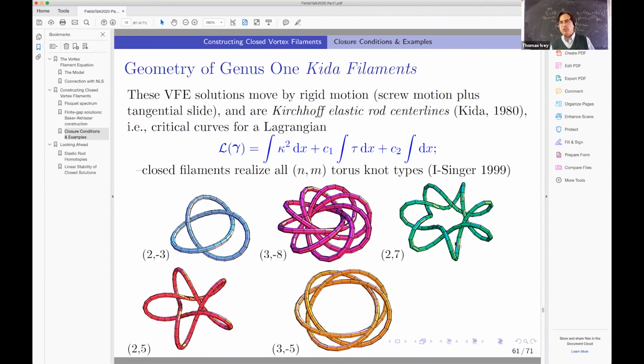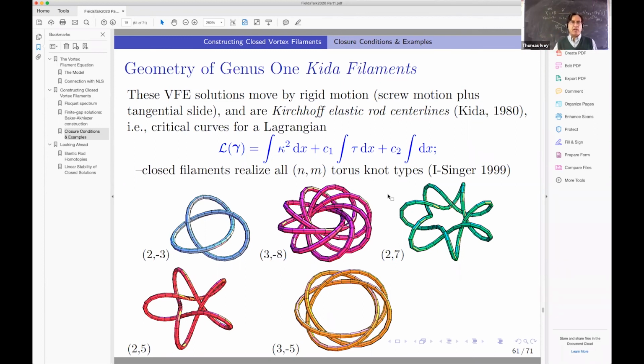Whereas this one goes around in a right-handed way as you go around the torus in a counterclockwise fashion along the long way, and that's why that's called a 2, 7. And of course, these are mirror images of each other. And David and I showed that you can tweak the parameters and boundary conditions to achieve any torus knot type. But more is true than that.